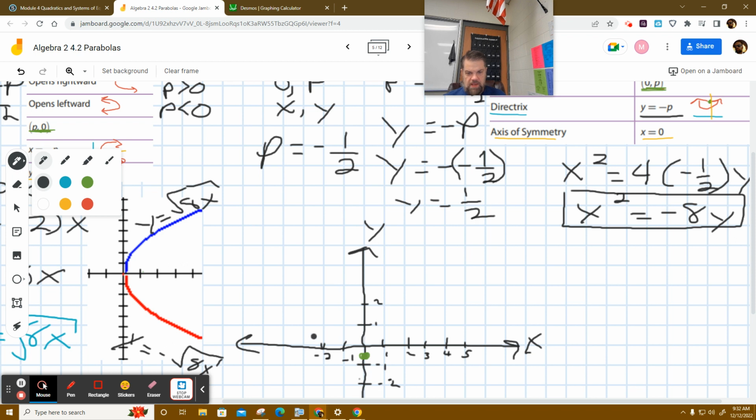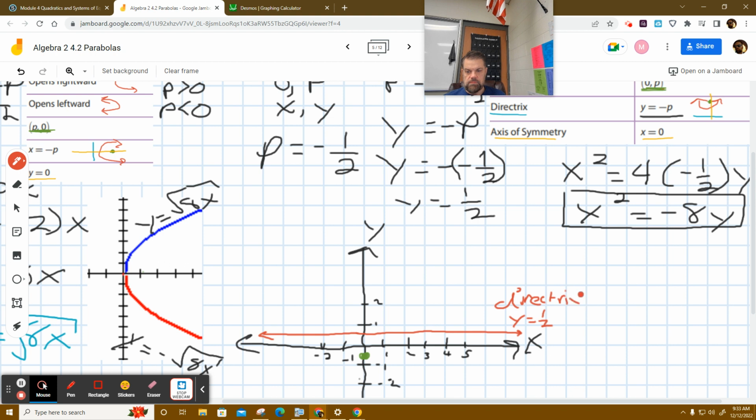So y equals 1/2 is going to be a horizontal line parallel to the x-axis, and it's going to cross through y equals 1/2. That's the directrix. And this down here is my focus.